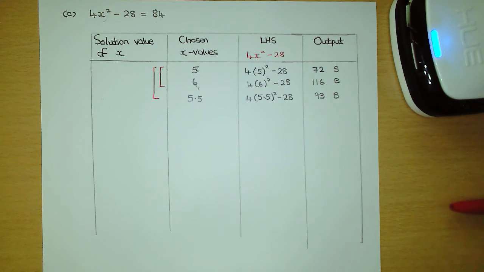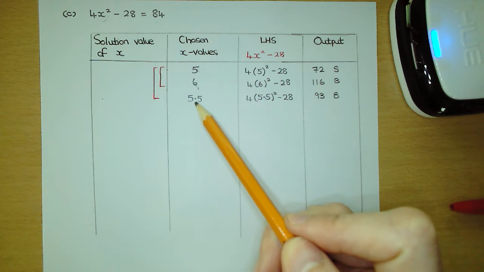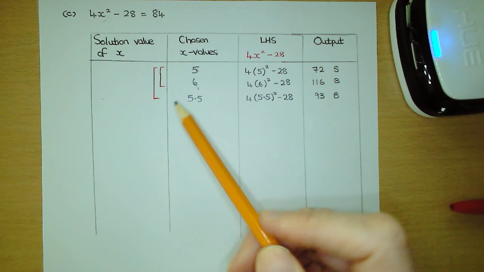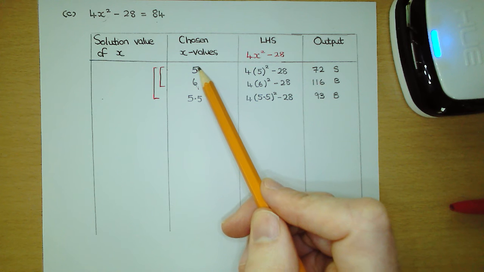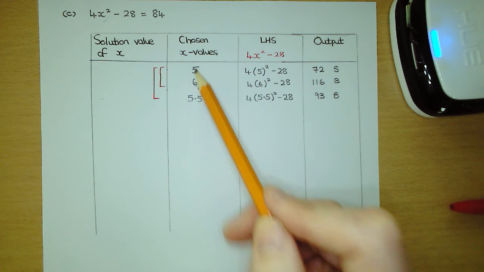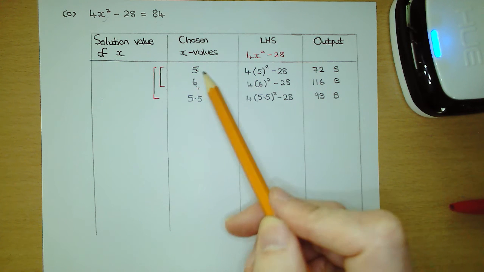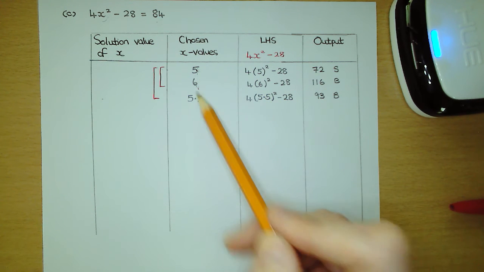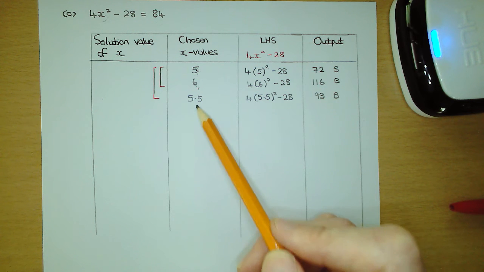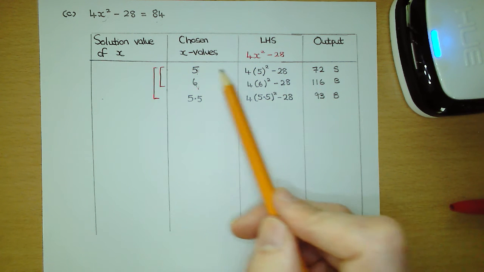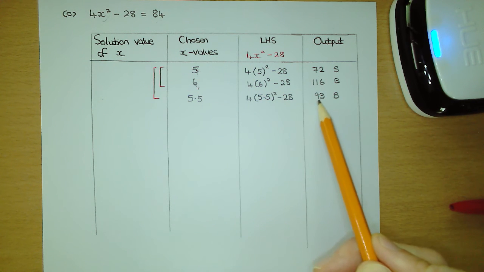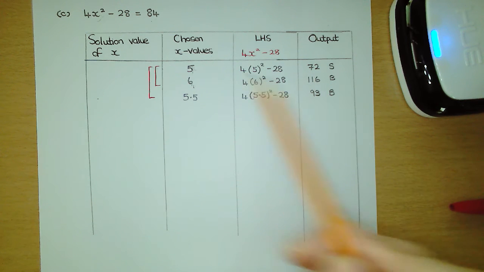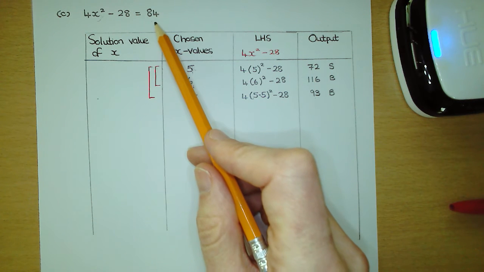Now, the next x value we pick, again, depends on what the x values are at each end of the gap. Now, the x values at each end of the gap do not have the same number of digits. This guy's only got 1 and this guy's got 2, so we can't go halfway. So what we do then is we look at the corresponding output values for those two x values, and you look for the output value that's closest to the target number.